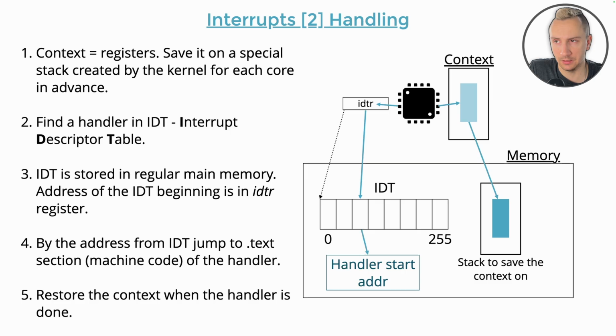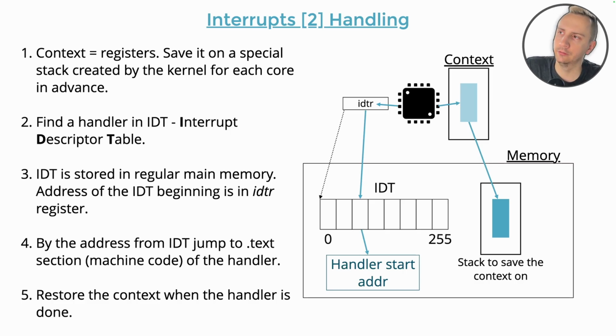And some items in this array are free to use by the kernel as the kernel wishes. For instance, the interrupt number 228 will be used by the Linux kernel for system calls. But this is only by the Linux kernel. Some other kernels can choose another interrupt, or even not this way of interrupts at all, or whatever. Right? This is not a hardware thing. It's just something that the kernel decided to do with a free entry in the IDT table.